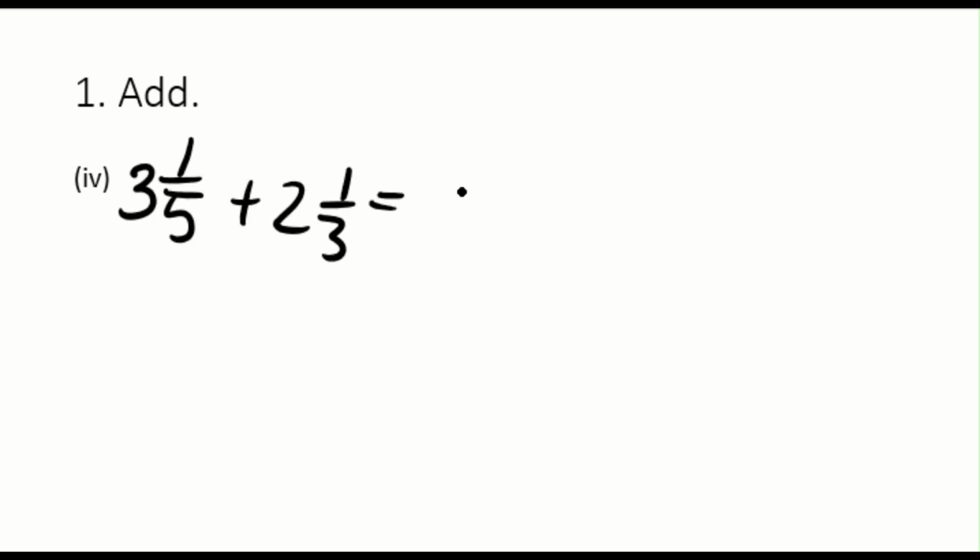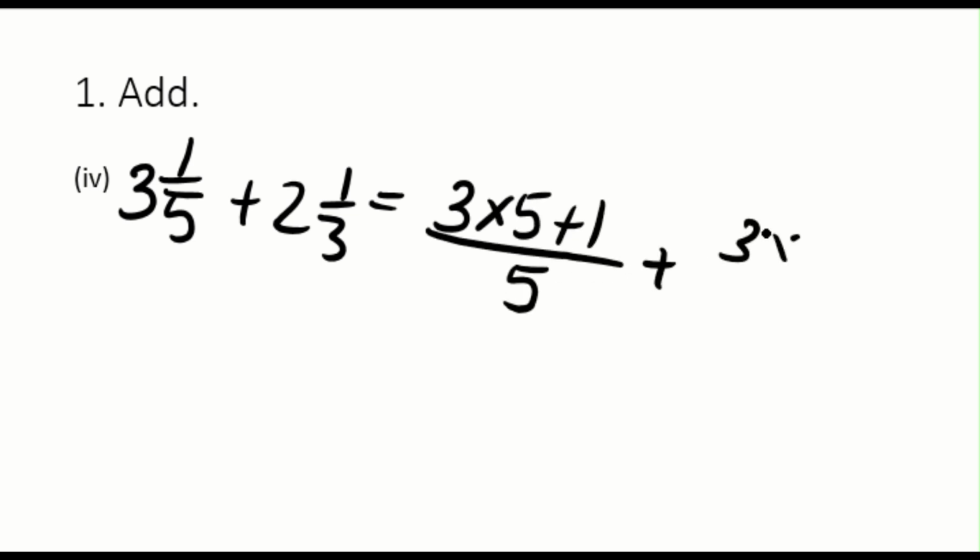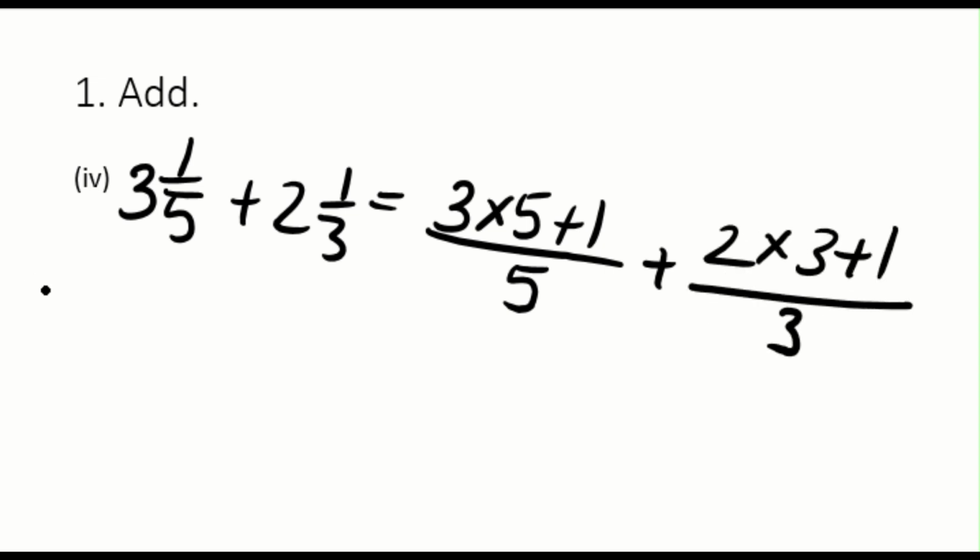Then next is 3 1 by 5 plus 2 1 by 3. Let's do this by the second method. So 3 multiplied by 5 plus 1 upon 5 and 2 multiplied by 3 plus 1 upon 3. Okay, which is then equal to 3 5s are 15 plus 1, 16 upon 5 plus 2 3s are 6 plus 1, 7 upon 3. Now we have to make these fractions like fractions.